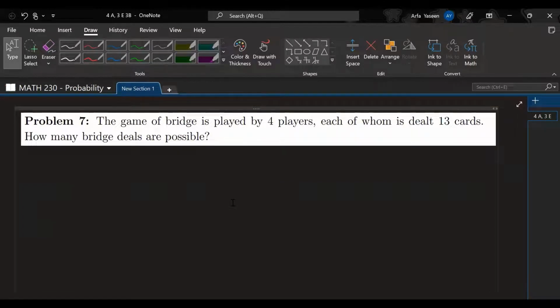In problem 7 we have to divide the 52 cards into 4 groups such that each group has 13 cards. For that we have two methods. Either you can use the multinomial coefficient, or simply do it with combinations.